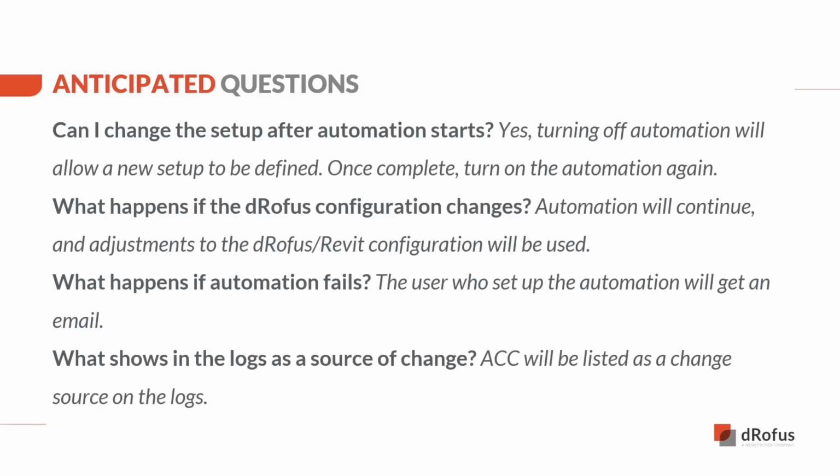So for example, if you've got an automation for certain synchronization, but you want to do something different, maybe you just want to update room numbers, you can turn off automation, select the configuration that might be just for room numbers, use that sync, and then turn automation back on. So at any point, you can kind of interrupt the automation that might be turned on.